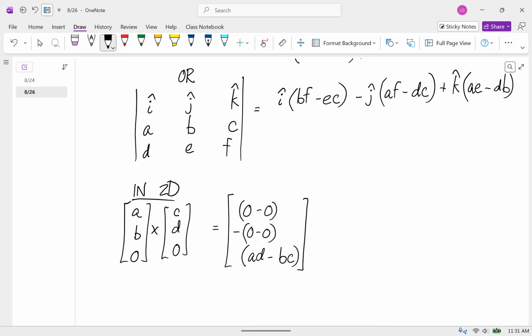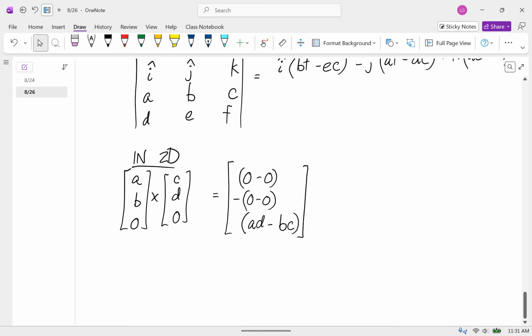And this is a totally general result. It's always the case that the only non-zero component is the z component.